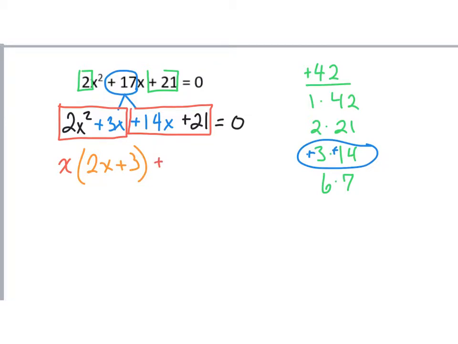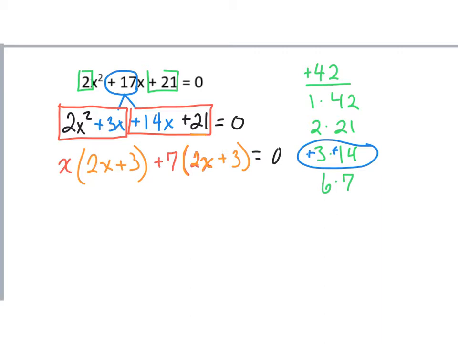I'm going to take out a positive. Okay? And then I've got 14x, which I want to be a 2x. So that means I need to divide by 7 so that it becomes a 2 instead of a 14. So 7 times 2x will give me 14x. Oops, I should have done this in orange. And 7 times a positive 3 will give me my positive 21.